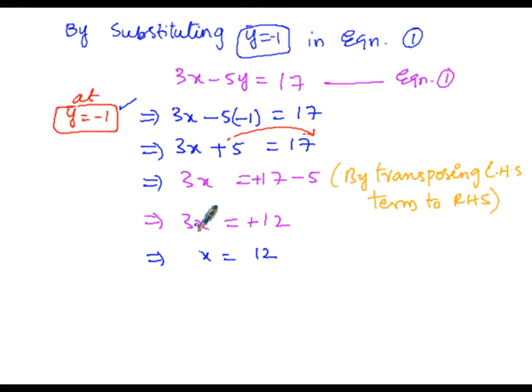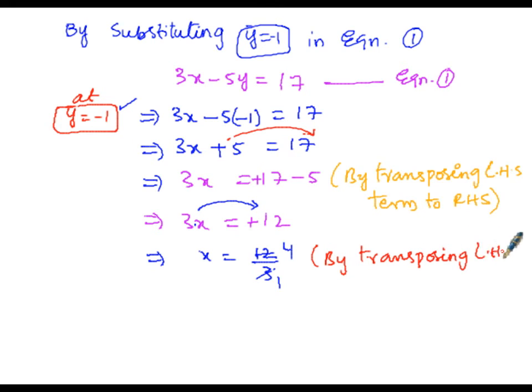So x into 3 divided by 3, transposing the LHS term to the right hand side. By cancellation, 3 ones and 3 fours. So I got this last logical step by transposing again. The LHS term goes over to the right hand side, and over to RHS we got divided by 3.